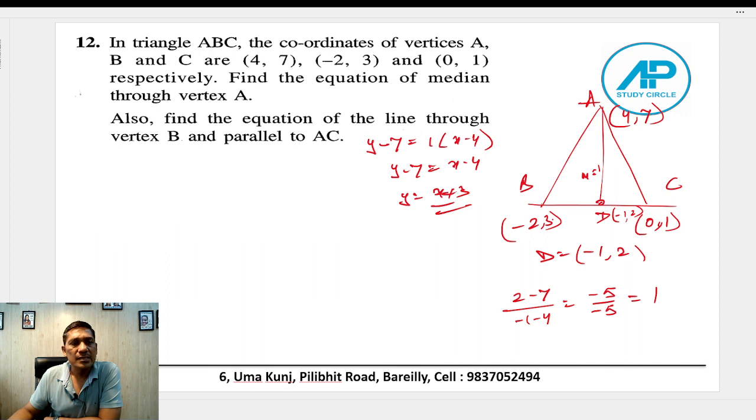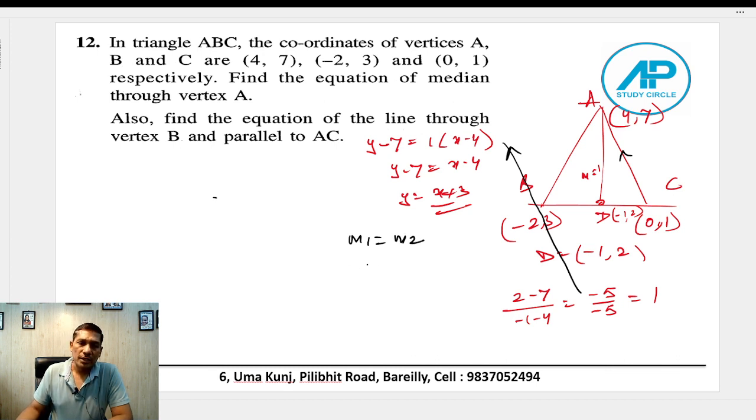The next they are saying is the equation of a line through vertex B and parallel to AC. Now these two lines are parallel, so that means the slopes are equal. Concept: parallel lines have got equal slope.